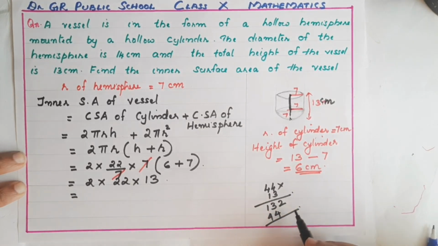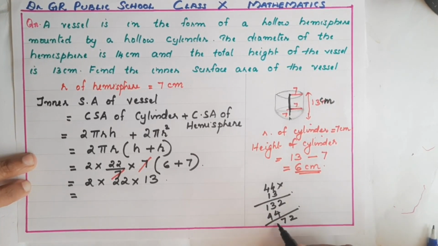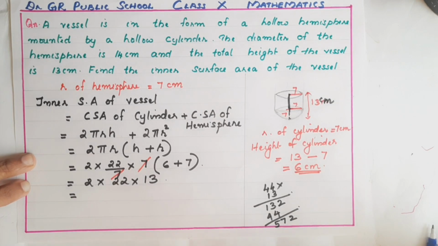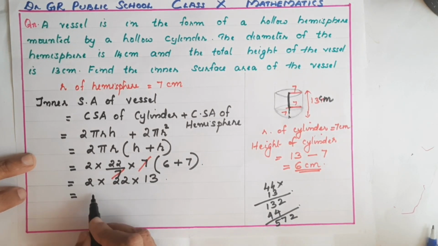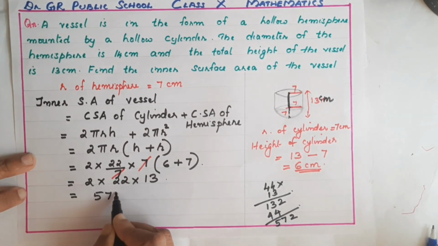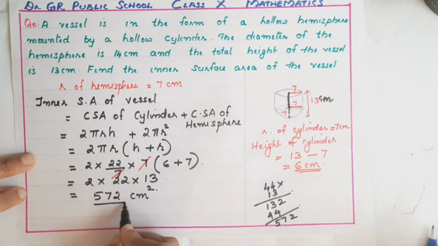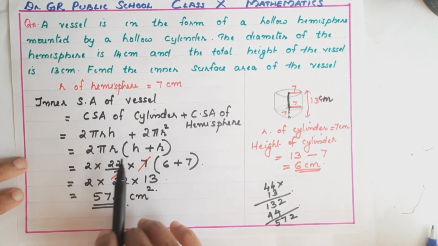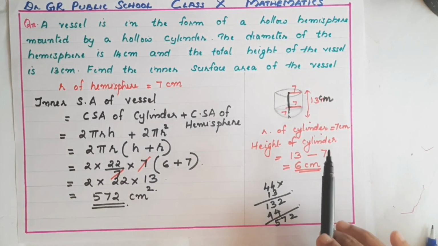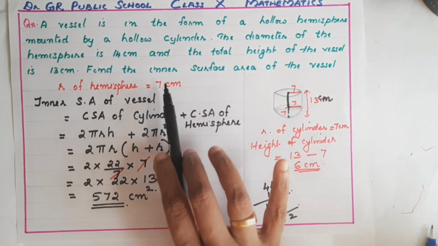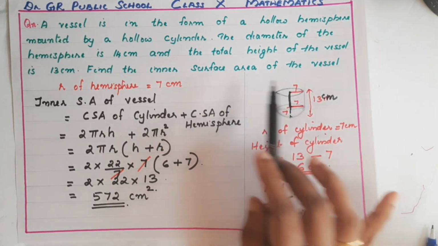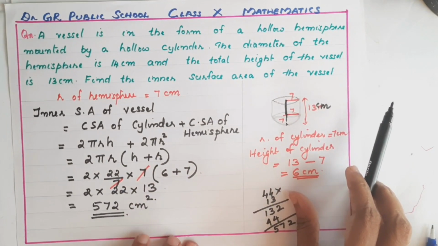What is it? 572. So what is the answer? 572 centimeter square. Here first of all you have to understand, to get the required area, what all we have to add.